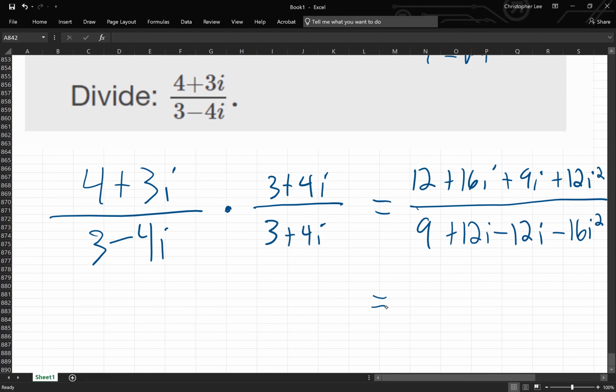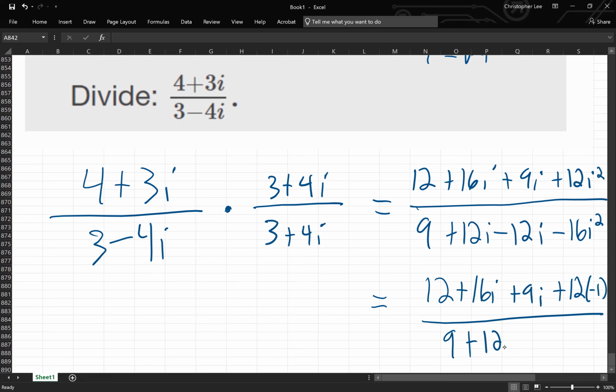Let's do some math. This is going to become what? 12 plus 16i plus 9i plus 12 times -1 over 9 plus 12i plus 12i minus 16 times -1.